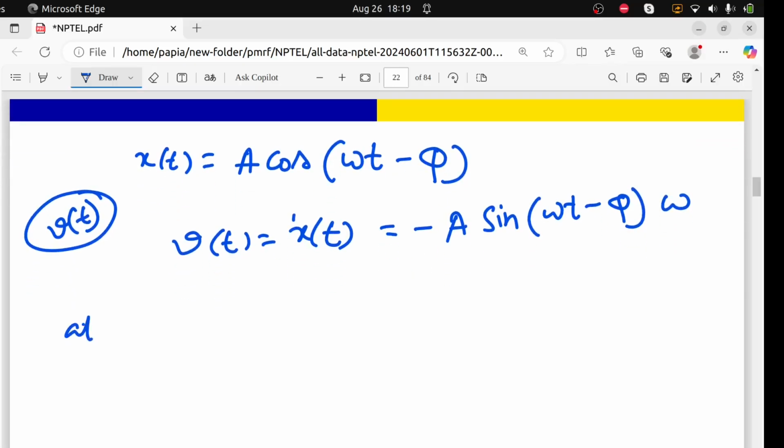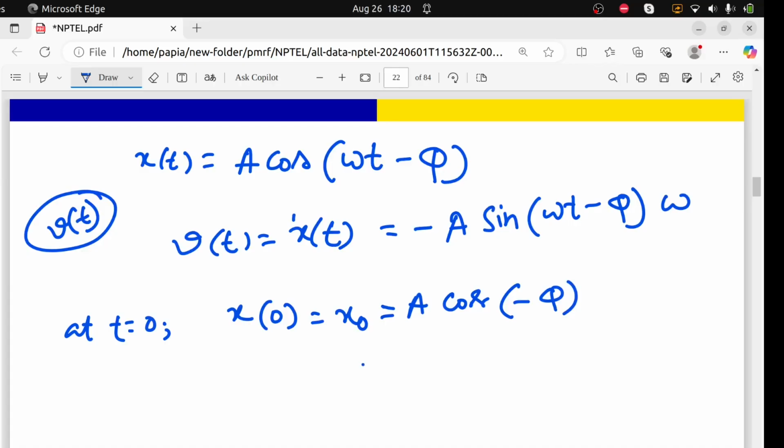Now at t equals 0, x0 is A cos(minus phi). So it can be written as A cos phi simply. Okay.